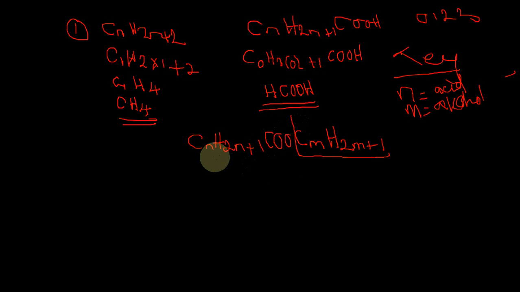Now let's get moving. Let's say we have an alcohol with 2 carbon atoms, so I'll do 2 carbon atoms here, and I'll also do 2 carbon atoms for the acid, so that it makes sense and balances.